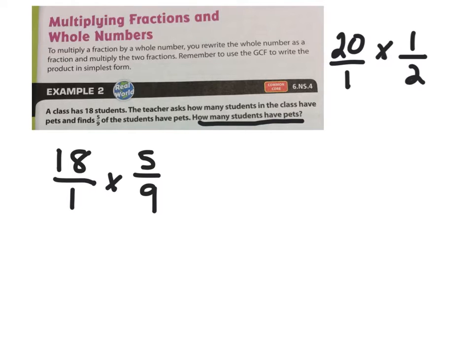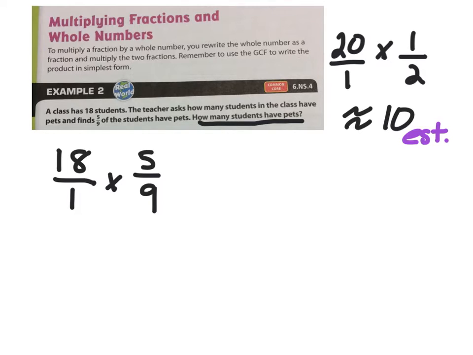And 1/2 of 20 is about 10. So I'm going to save that, my estimate. So let's put estimate up here, or est for short. That's going to be my estimate, and I'm going to check that later.